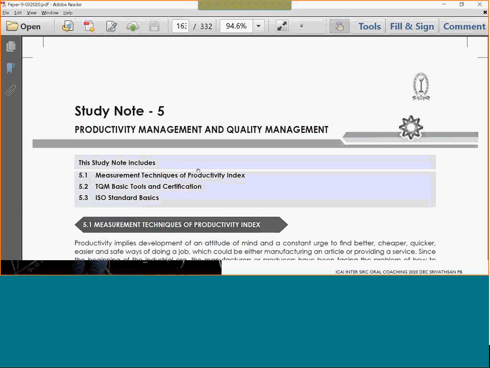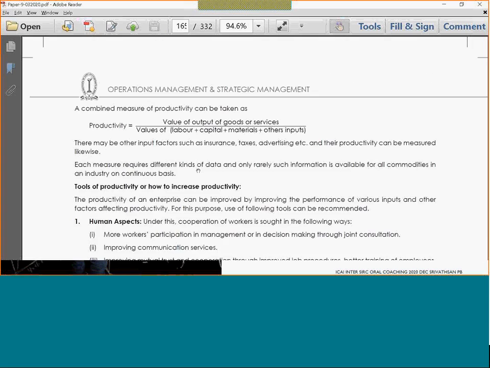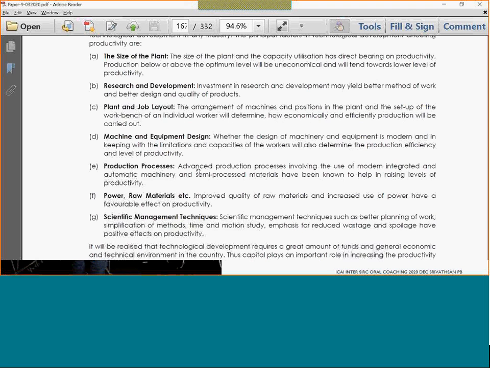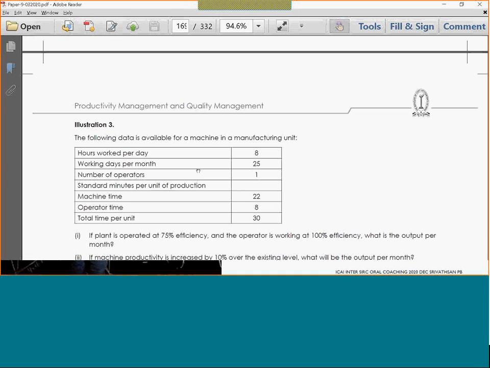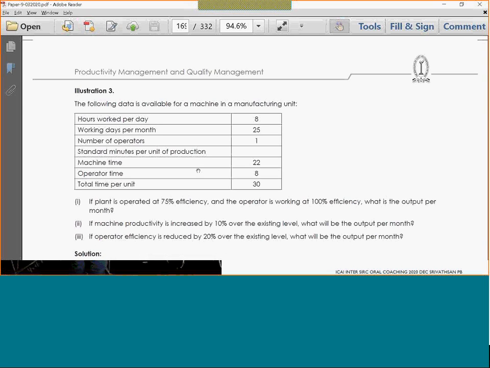Let's take one or two problems from your book itself. I see simpler problems, so let's go to illustration 3.